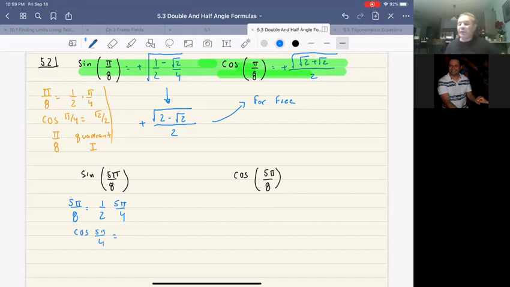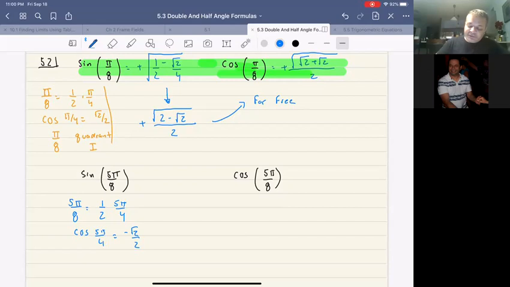Cosine of 5 pi over 4 is negative root 2 over 2, right? Remember, 5 pi over 4 is in the third quadrant, so that means x is negative. So we're going to get negative root 2 over 2 there.